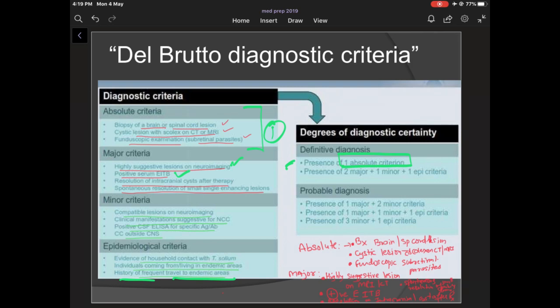The other way for definitive diagnosis is two major, one minor, and one epidemiological criterion. For probable diagnosis, there can be presence of one major and two minor, or one major, one minor, and one epidemiological criterion, or presence of three minor and one epidemiological criterion.